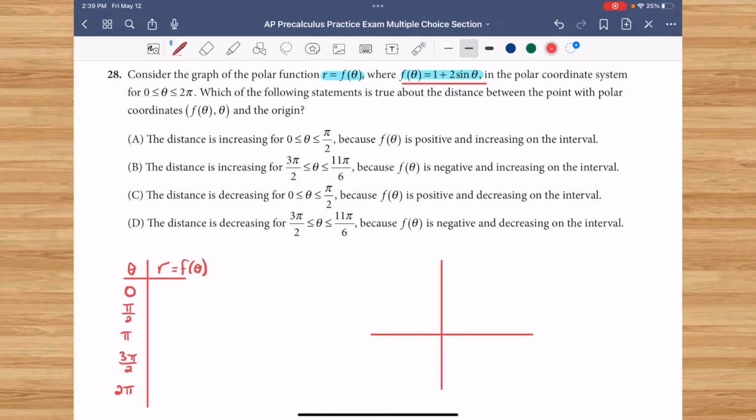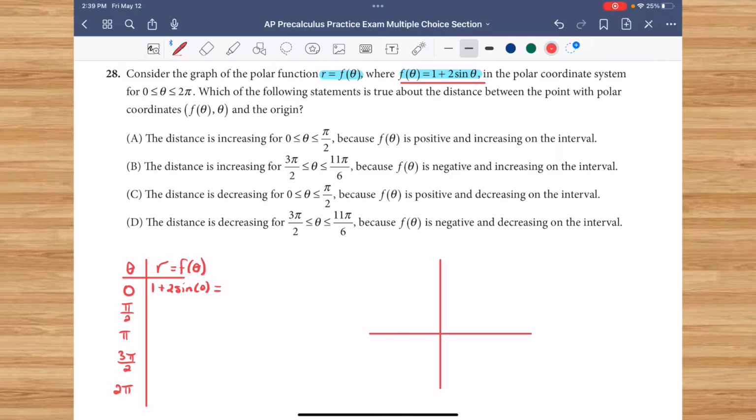So plugging 0 in, we have 1 plus 2 times sine of 0. Sine of 0 is 0. 2 times 0 is 0, so this is going to give me an r value of 1. So at the angle 0, I have an r value of 1. I'll add my angles on my grid paper.